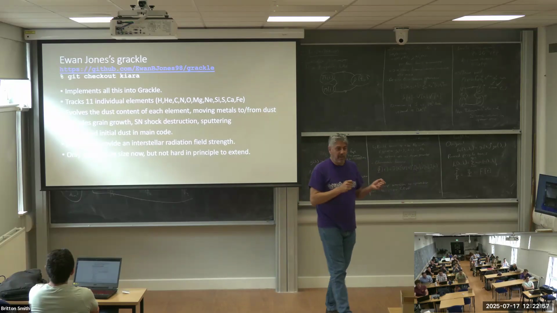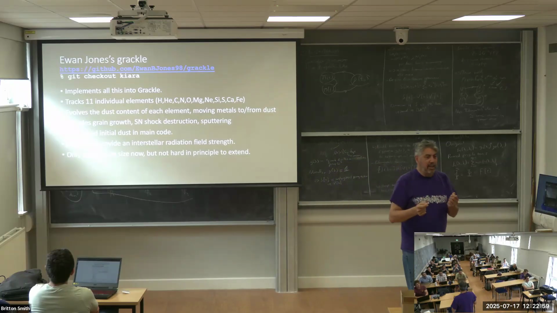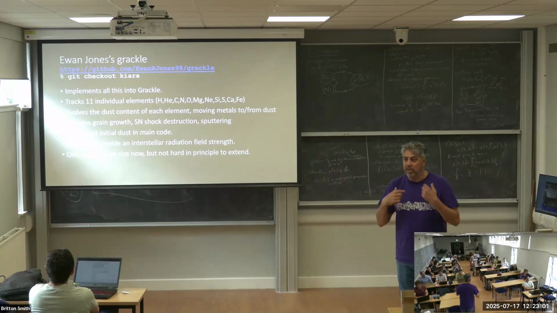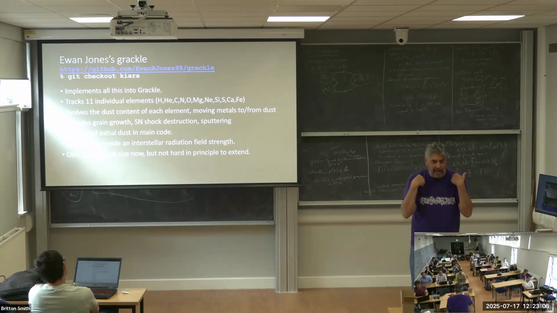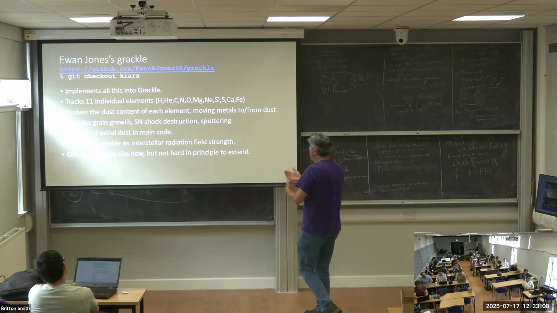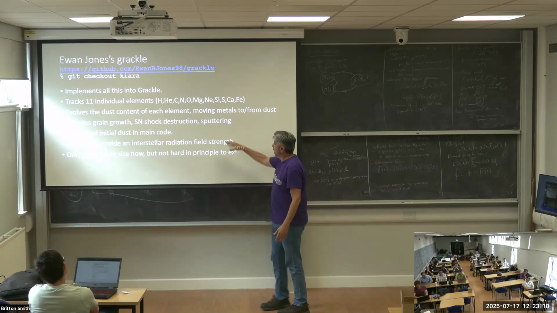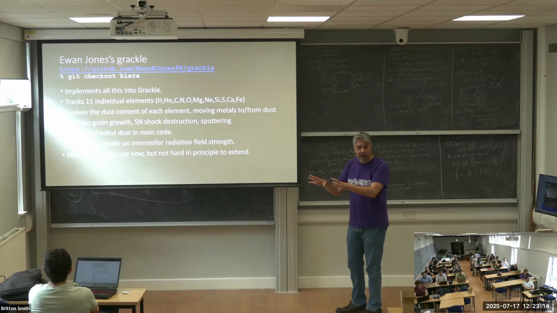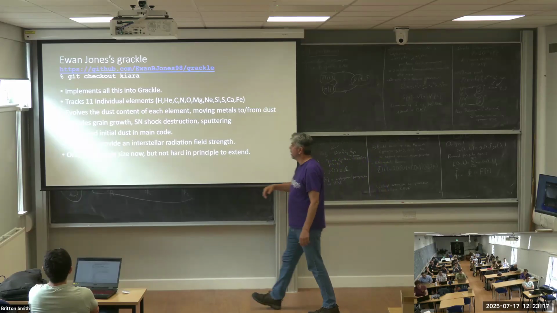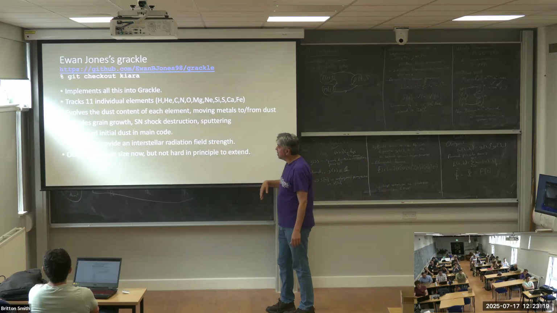Now, the dust of course depletes differently on different elements. So into Grackle, we have to give it all the metallicities and the dust contents and take them out, so it's a little more I/O. But it moves the metals around between metals and dust during the code, so you don't have to worry about that, assuming you're happy with the various processes.